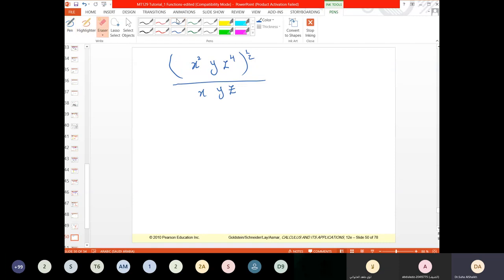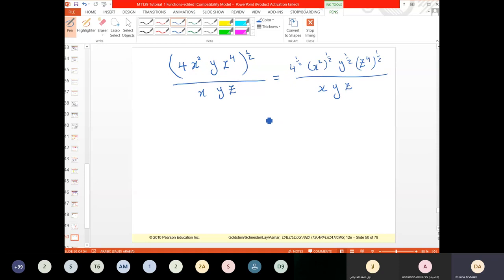Let me change this to 4. Let's make it nicer. First, we distribute the exponent over the numerator, right? So this will be 4 to the power half, x^2 to the power half, y to the power half, z^4 to the power half, all divided by what we have, which is x, y, and z.